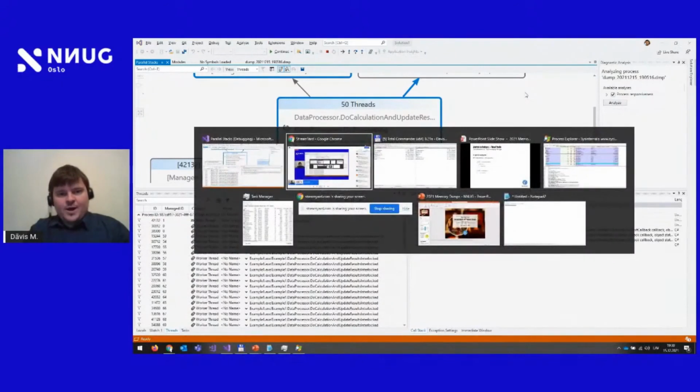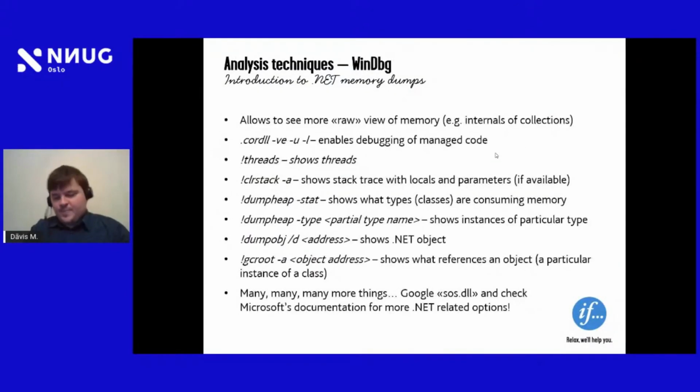Cool. So I guess we could return to the slides and go to a bit more advanced technique. It's WinDBG. This is very close to that hex editor from the first screenshot, but it's super powerful.